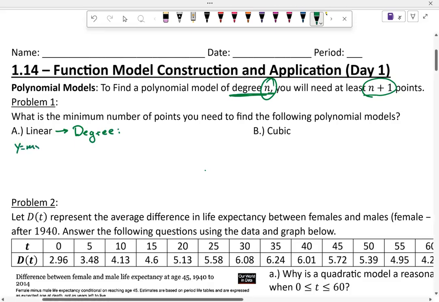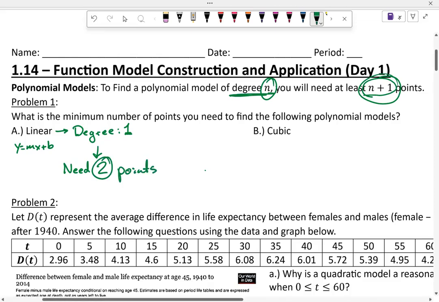Y equals mx plus b. What is the degree of y equals mx plus b? 1. So then if I have degree 1, how many points will we need? 2. Why 2? The degree plus 1. So 1 plus 1 is 2. We would need 2 points, which makes sense.